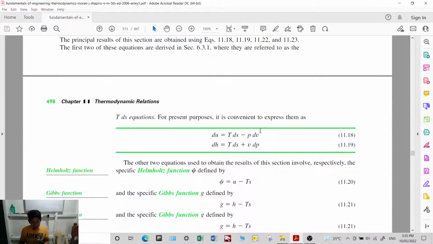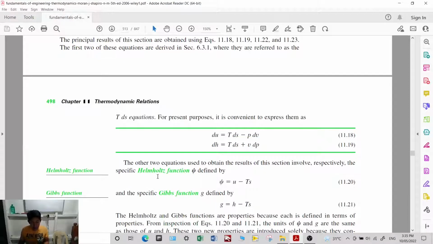Mga bag-o ni siya nga properties, we call the Helmholtz function psi and Gibbs function g. Bag-o ni siya nga property because it is a function of U, temperature, and entropy. So kaning tulo property man ni, so property pud ni siya.